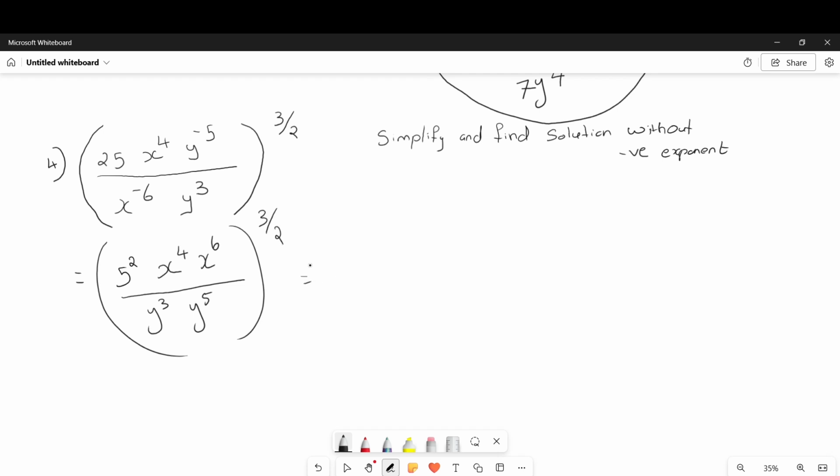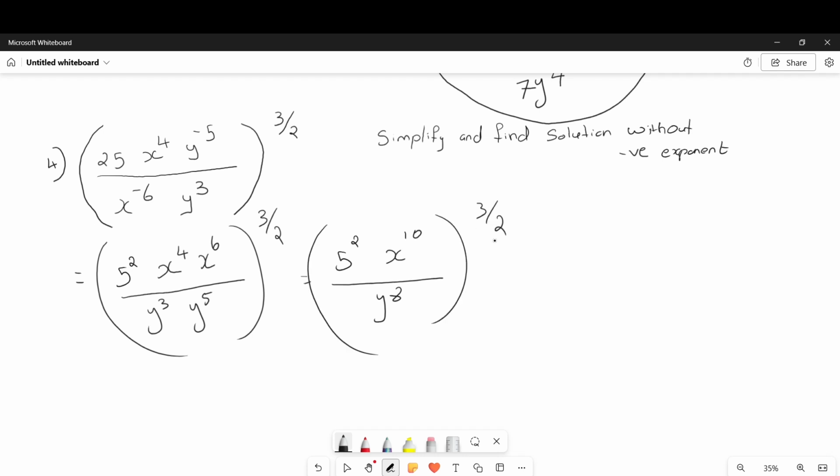Let's break this into 5 square into x. I apply the product rule here: x raised to 4 plus 6 is 10. Then on the denominator side, 3 plus 5 is 8, y to the 8, all to the power 3 by 2.